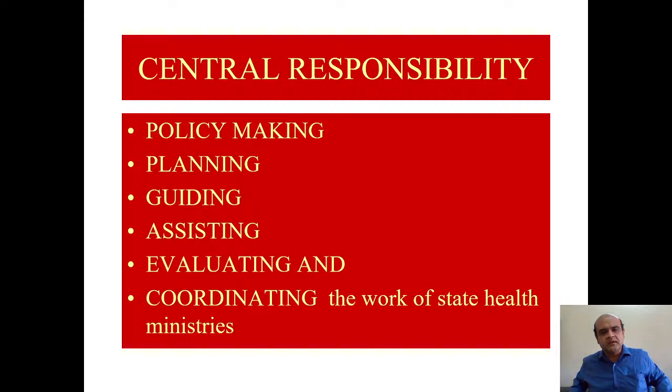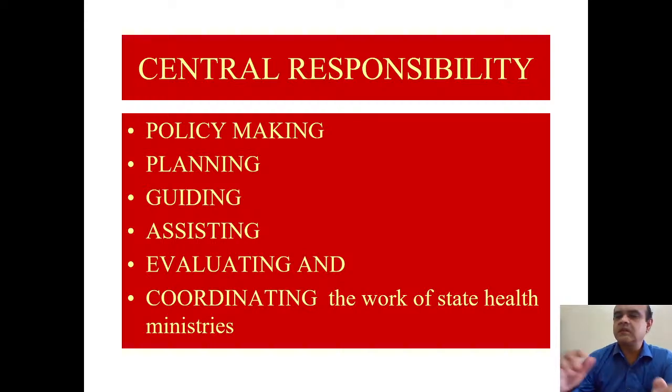As I already said, there is a three level healthcare delivery system: at the center, at the state, and at the regional level. Now, the center's responsibility. What is the center's responsibility?